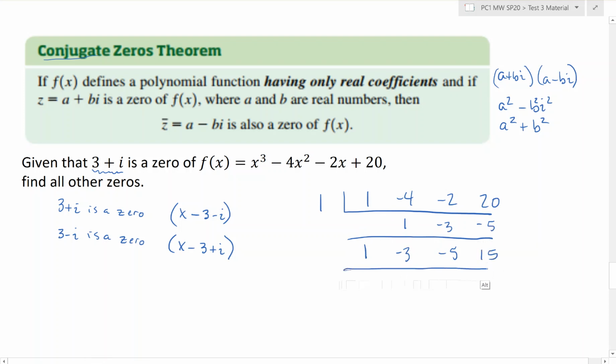Instead of rewriting a whole new synthetic division table, I'm going to do a double line and let's start with 2 as a possible rational zero. 1 times 2 is 2, and I'm taking -4, and 2 is -2. That's -4, that's -6, that's -12, and that is 8.